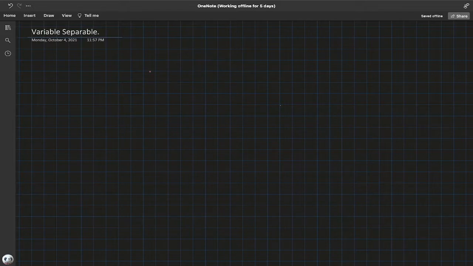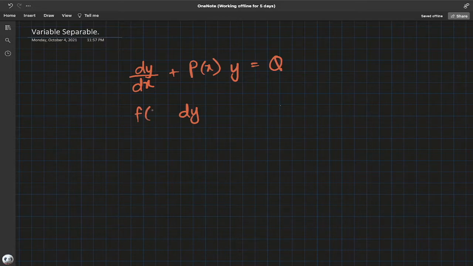If you have some differential equation, and these are usually first order, if you can convert this into a form that's some function f of y dy equals some other function g of x dx, if you can separate the variables x and y, then you can integrate both sides and solve and get a relation for y and x.